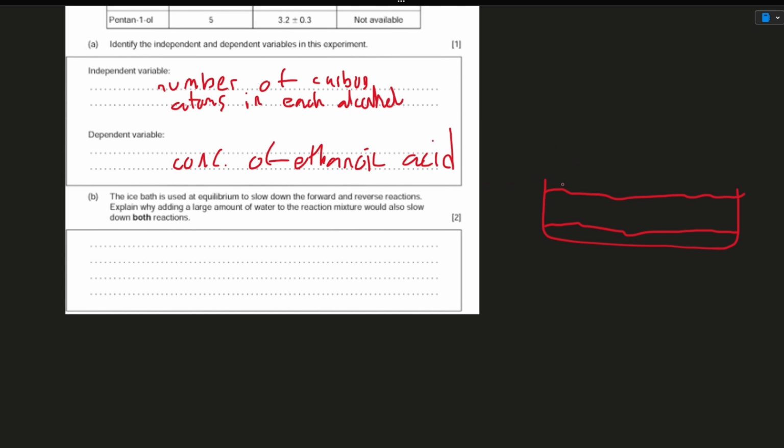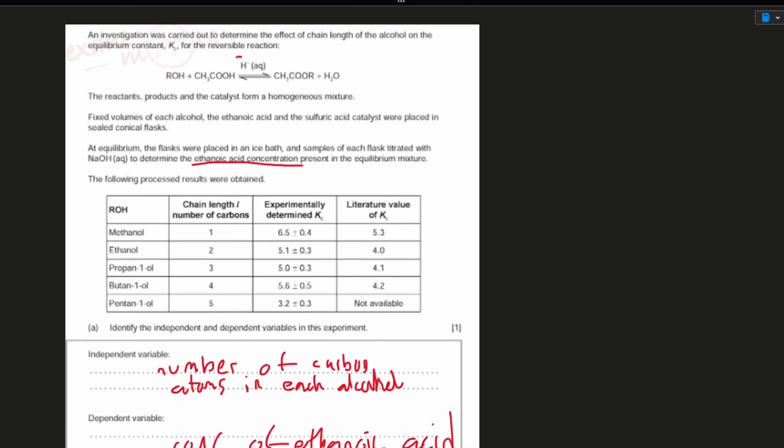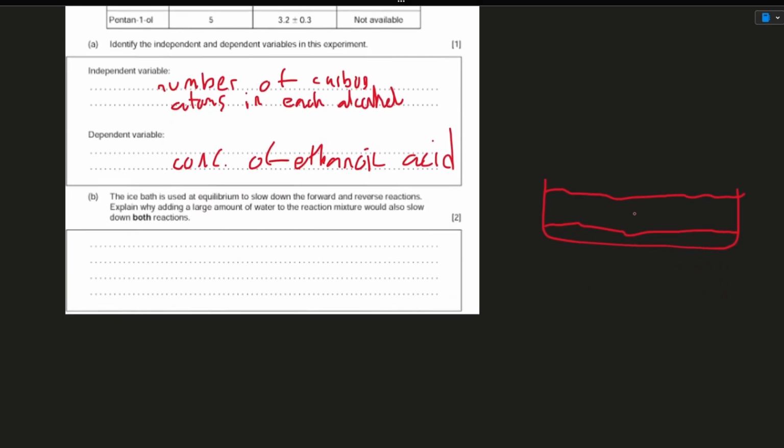Obviously, there would be a lower concentration of the acid catalyst used to speed up this reaction, because there is a larger body of water, which means that it would dilute it. It would be obviously a lower concentration.